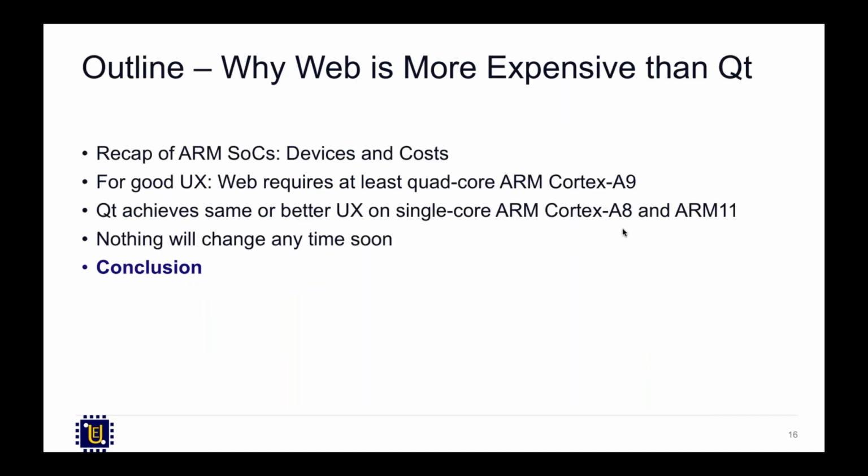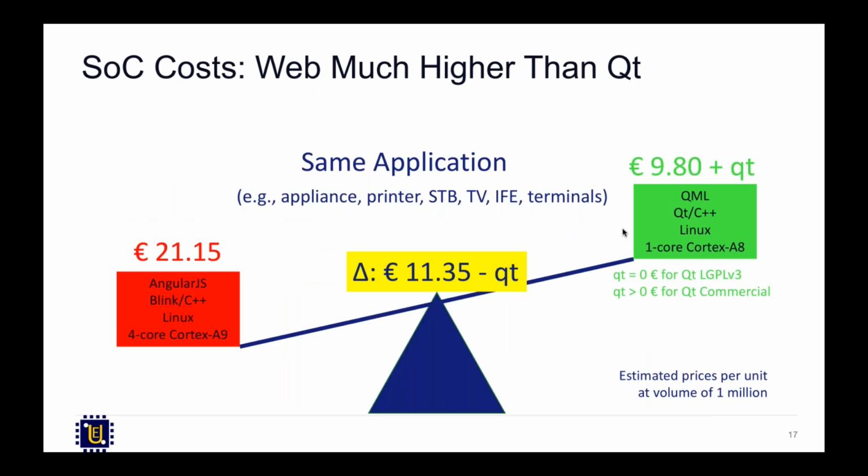And that finally leads us to the new scales, which now are tipped in favor of Qt. So we just figured out that to run a web application with good to great user experience, you need at least a quad-core Cortex A9.